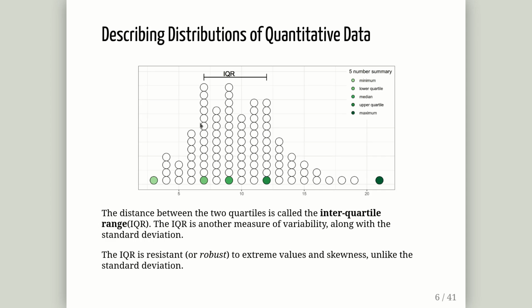Even if that outlier were 101 instead of 21, the interquartile range would not change. So the specific value of the lowest and highest parts of the distribution doesn't matter. It's just the ordering and the ranks of each data point that matter.